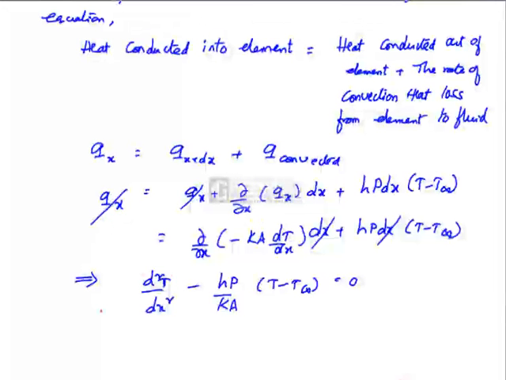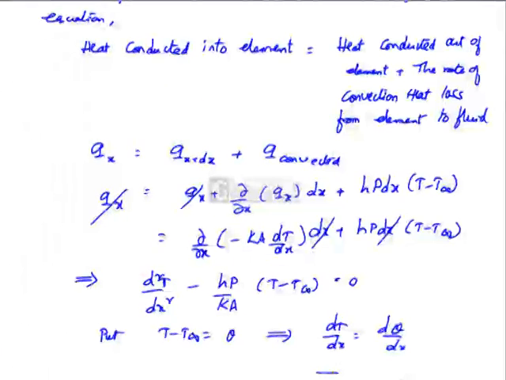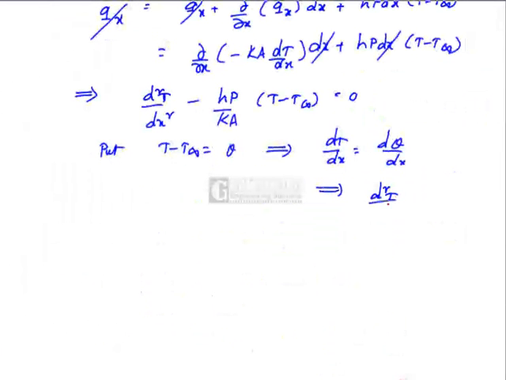Now let us change the variable, that is, put T minus T infinity equal to theta, which implies dT by dx is equal to d theta by dx, and d square T by dx square is equal to d square theta by dx square.